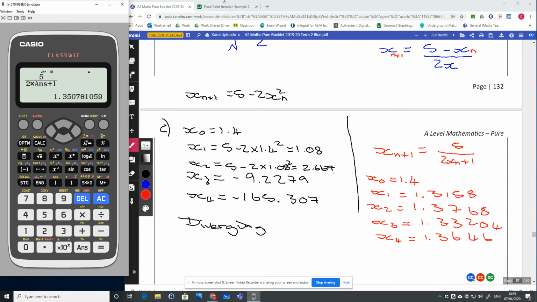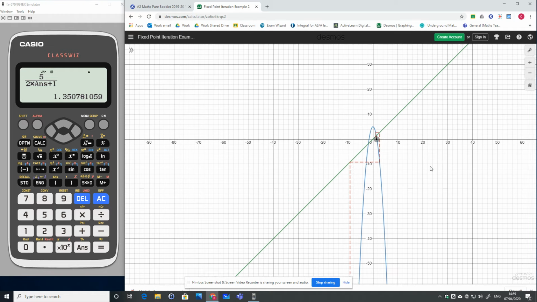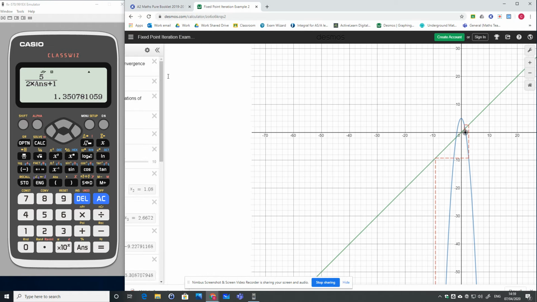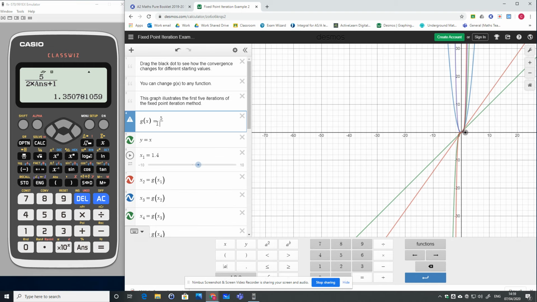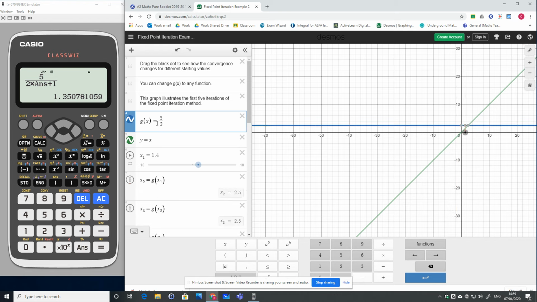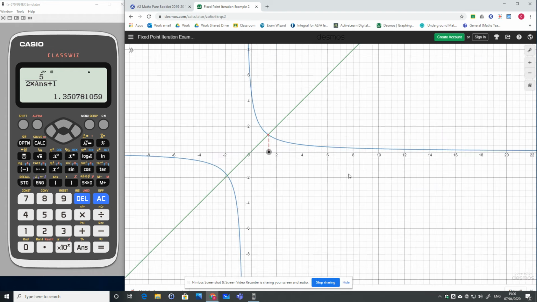So if we look at this one on the graph, I want to change my function to be this. I'm going to have to zoom in on this one quite a long way. So it's the same process.